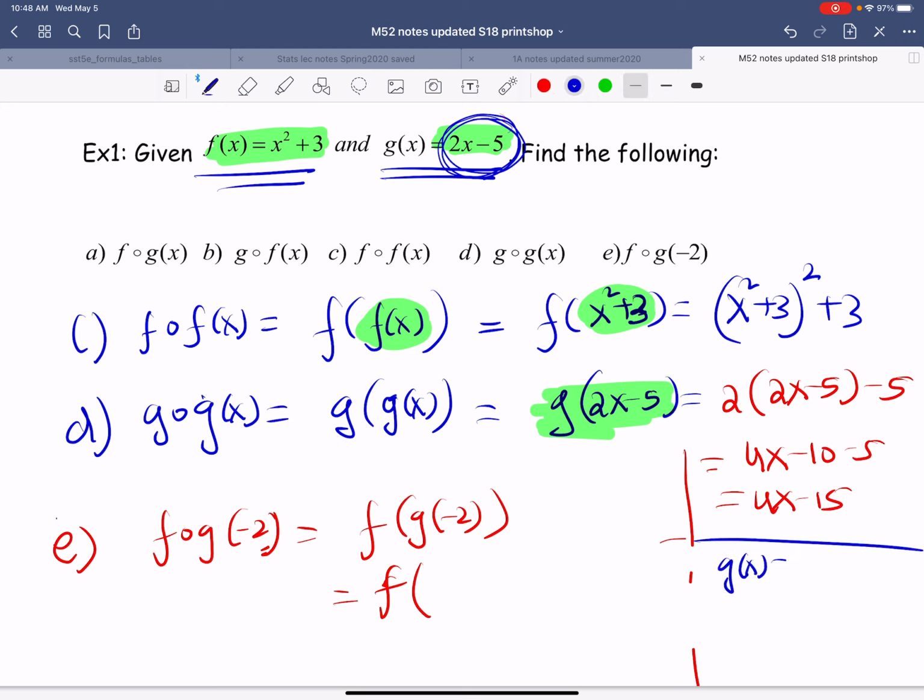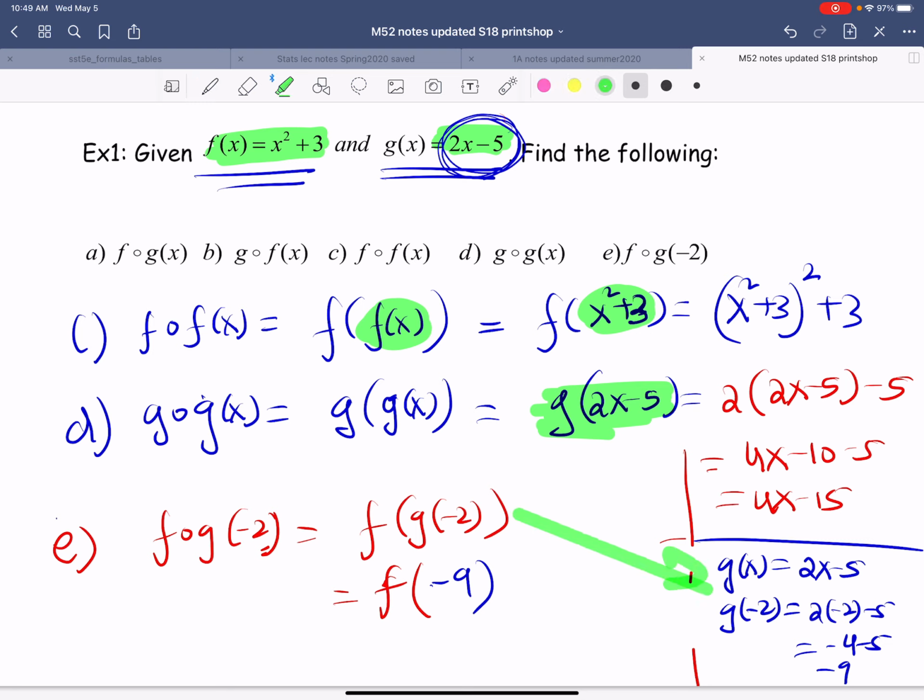We know g of x is 2x minus 5. G of negative 2 will be 2 times negative 2 minus 5, which is negative 4 minus 5, which is going to be negative 9. So g of negative 2, we just found out that it is negative 9, so I'm going to plug it in there. Now, what is f of negative 9 going to be?